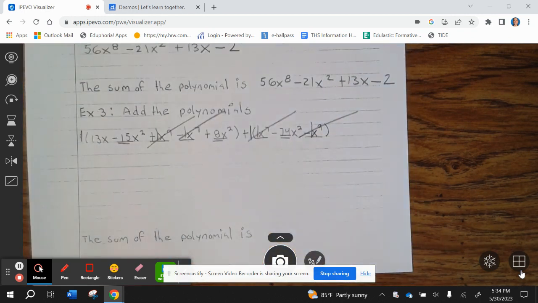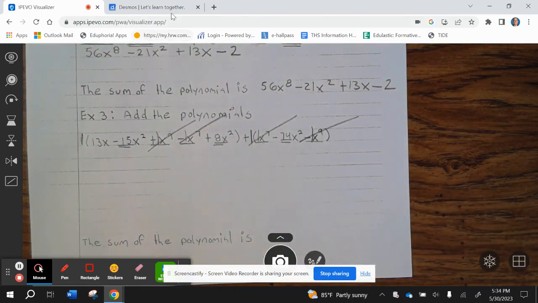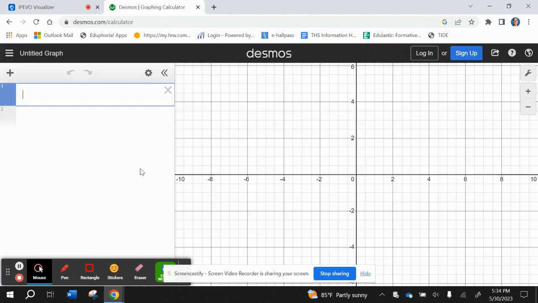Now, I don't know what negative 15 plus 8 minus 74 is off the top of my head, so I'm going to go to the Desmos calculator. You can actually use the graphing calculator to calculate, it's fine. Negative 15 plus 8 minus 74 is negative 81. So that's negative 81x squared.